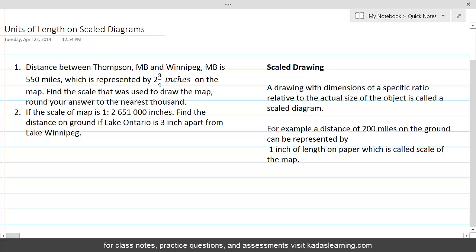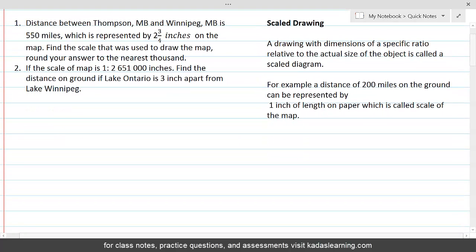So here 2 whole 3 by 4 inches. So let's write down on paper, which is scale, and on ground.